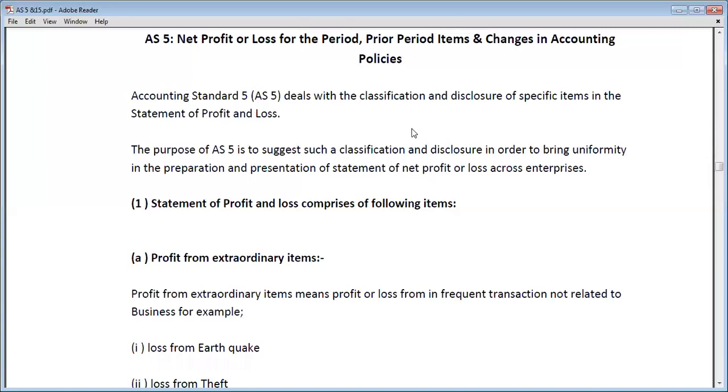So this accounting standard specifically gives the requirement of classification and disclosure, that is, how you classify your expenses or income, and how you disclose the income and expenditure. Let's understand with an example about the purpose and the objective of this accounting standard.